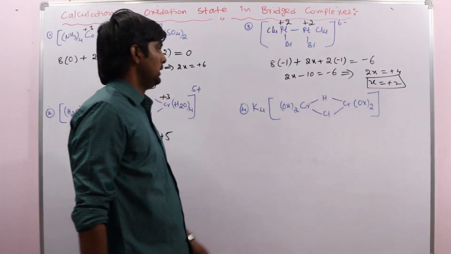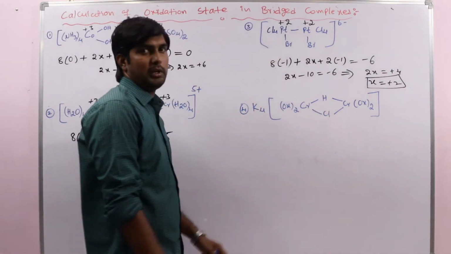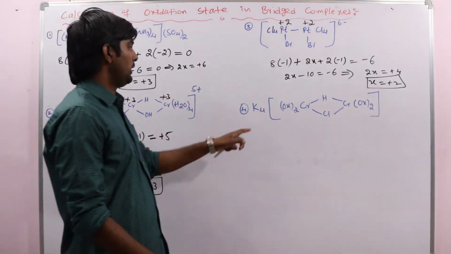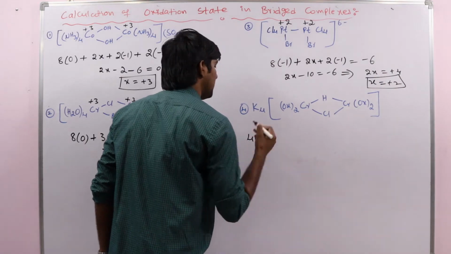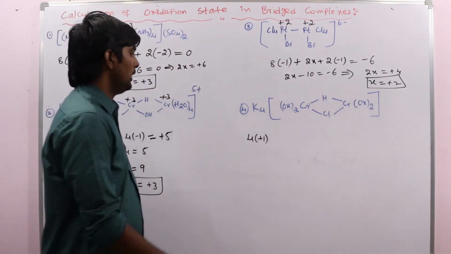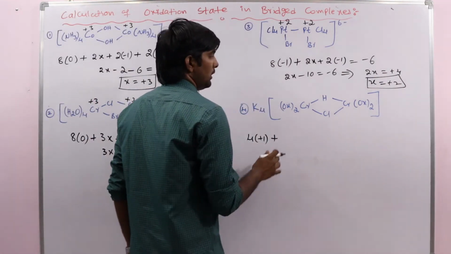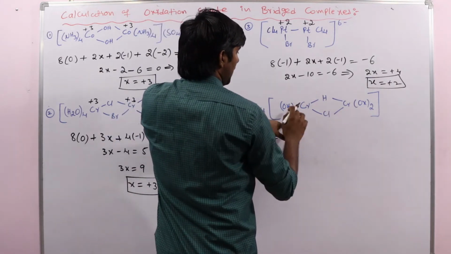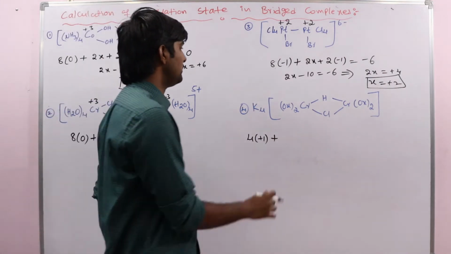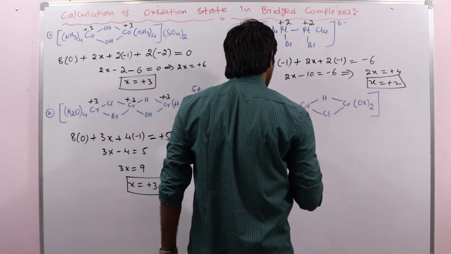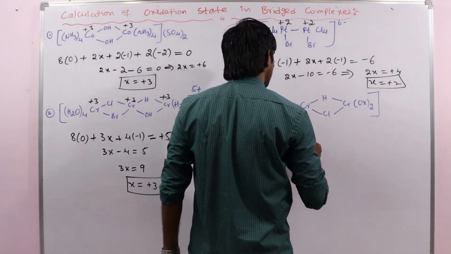Okay, next. See here, in any complex same thing. Here we have 4 potassium, so each will carry +1 oxidation state, right? Plus, see here, the non-bridged ligand oxalato has 2 units of negative charge, so we have total 4 oxalatos, so 4 into -2.